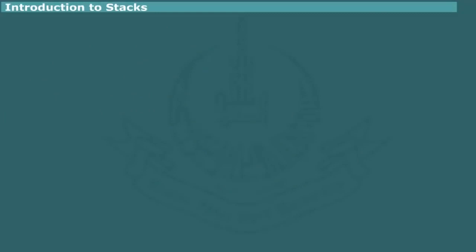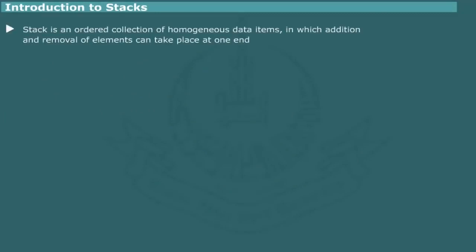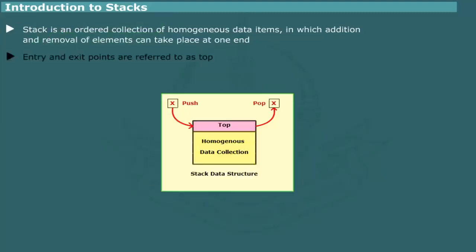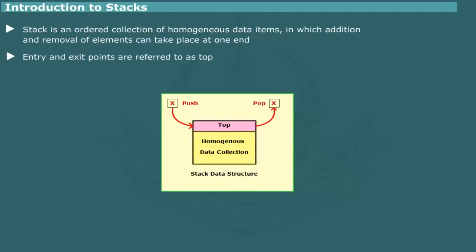Introduction to stacks. A stack is an ordered collection of homogeneous data items in which addition of new items and removal of existing elements can take place at one end. The entry or exit point is referred to as top.